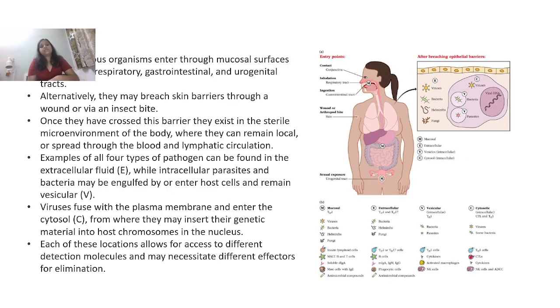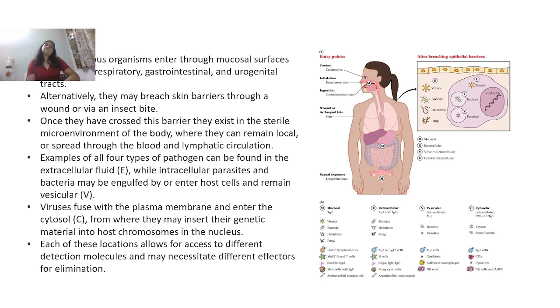First, most infectious organisms enter through the mucosal surface, as I told, like the respiratory tract. When we are breathing, anything from the air can enter into our respiratory system, or through the gastrointestinal system.